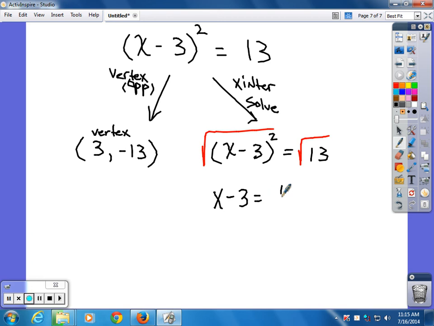So positive or negative, 3.6. The square root of 9 is equal to 3. The square root of 16 is equal to 4. 3.5 is in the middle, and we said that this was 12.5 right here, because half of 7 is 3.5. 3.5 plus 9 is 12.5.